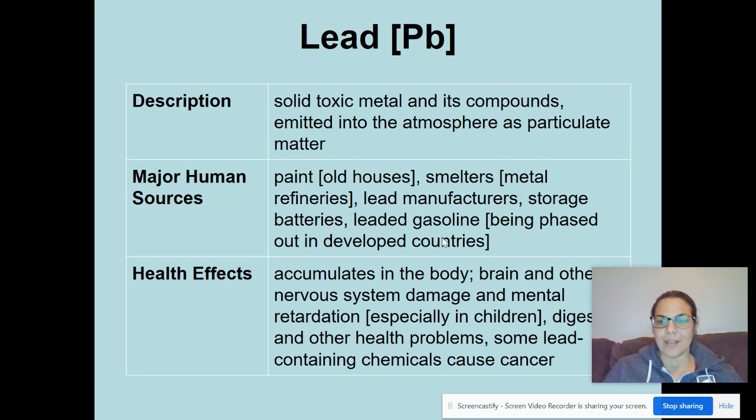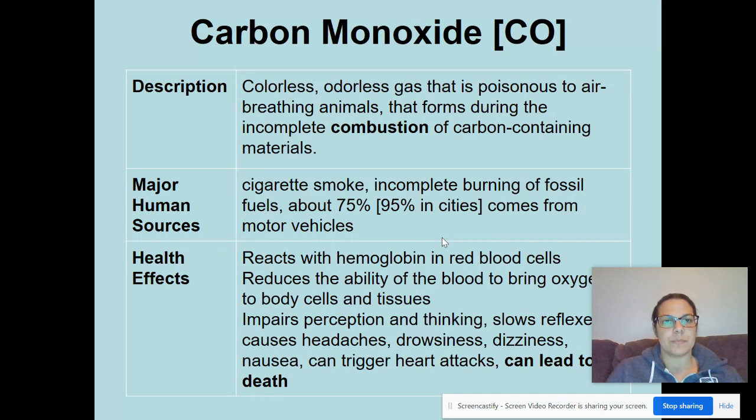You put unleaded fuel into your car, but we used to have a lot of leaded fuel that would burn and be emitted into the atmosphere. Rain would come down and it would attach to the lead, and that's how a lot of lead has gotten into our waterways and into our agriculture. It accumulates in the body because it is a heavy metal, and kids are especially susceptible to it.